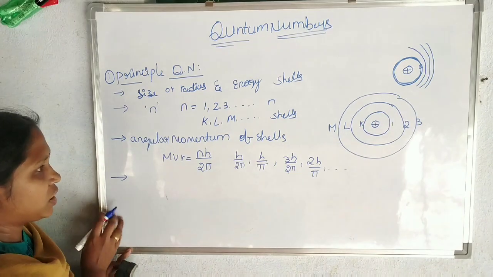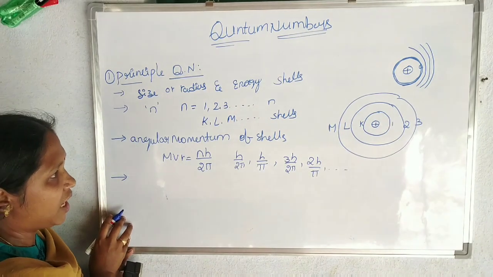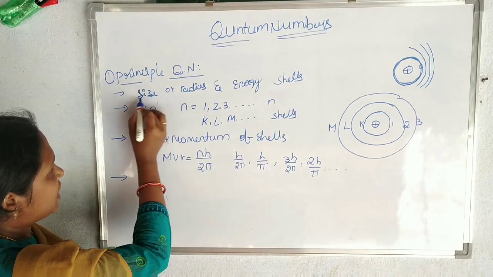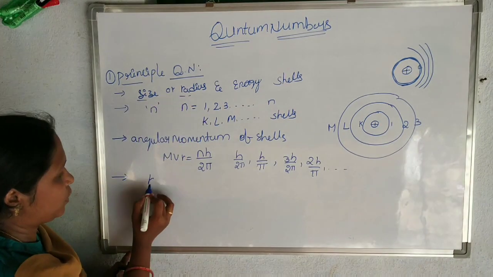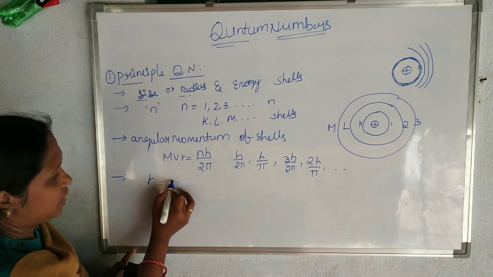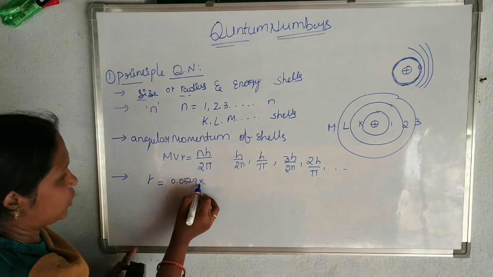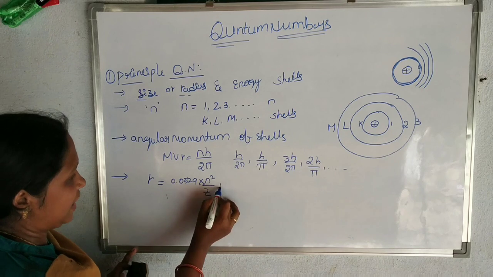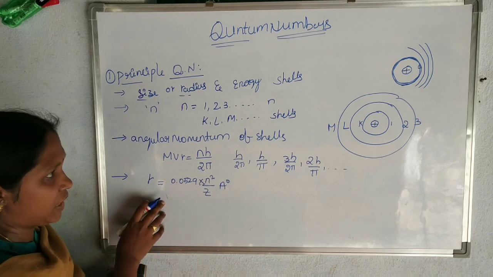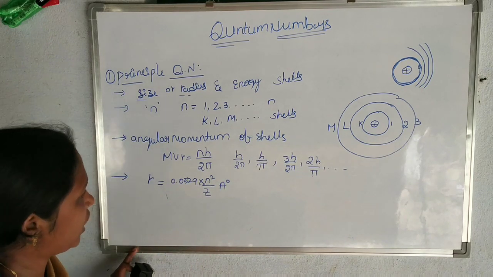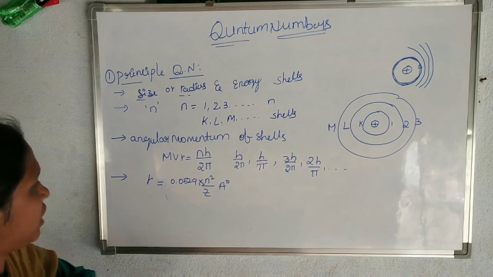And the principal quantum number also explains the radius. Already we said the size or radius. So radius is equal to 0.0529 into n square by Z angstroms. By using this formula, we calculate the size of the shell.